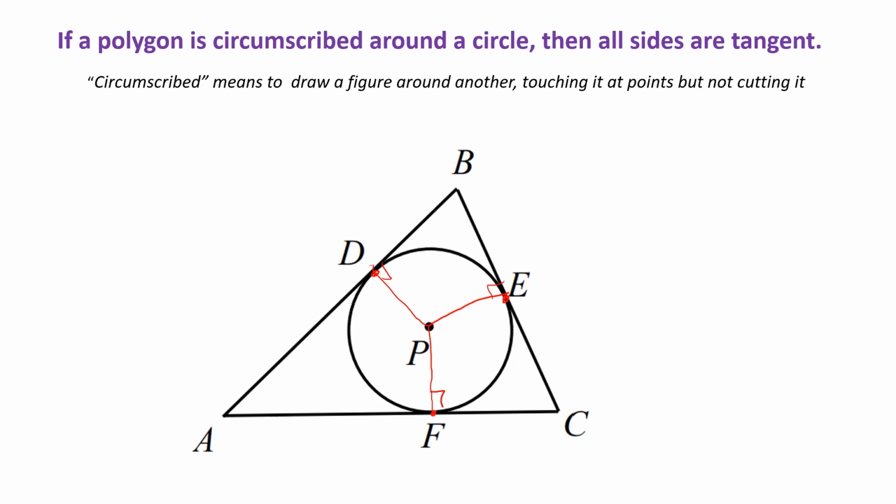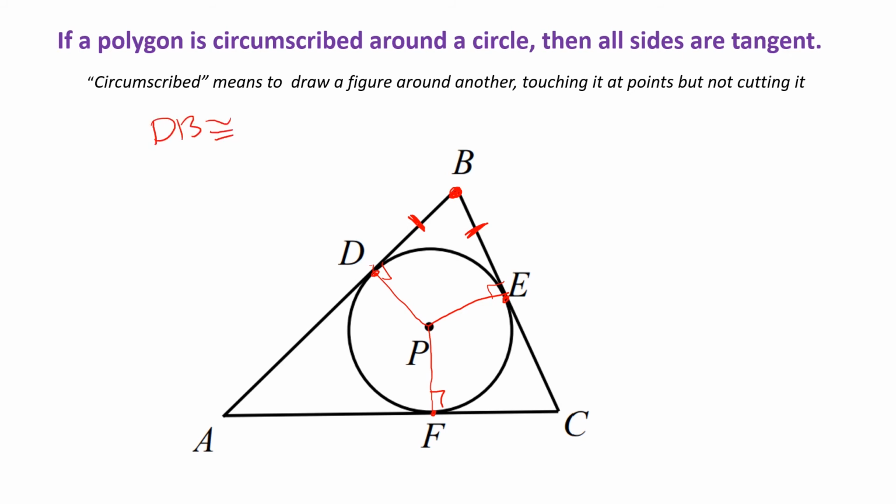And using our knowledge of the property we just learned, for example, if we choose the points D and E, DB and BE are from the same point, B, right? So that would make these sides congruent. So DB and BE are congruent.